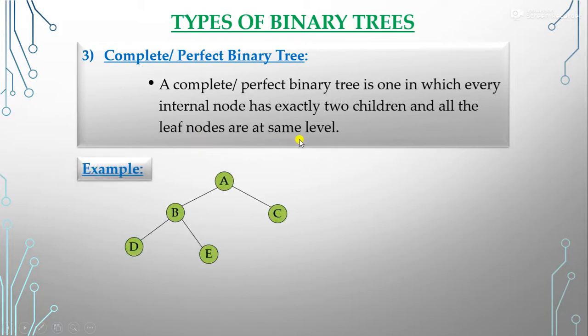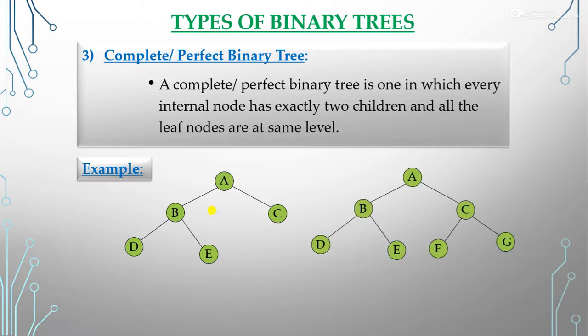So let's see here. If we talk about this graph and this one, which one is the complete binary tree? This one? No, this is not. Why? Because it fulfills the first condition that every internal node has exactly 2 children, since A has 2 children and B has 2 children. A is an internal node.